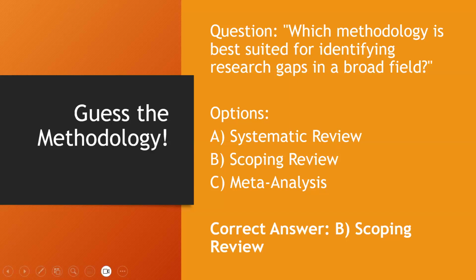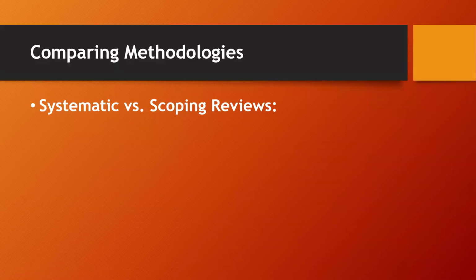So it is the scoping review. Many people were asking in the chat box, what is the systematic review and what is the scoping review? I will try to answer each and every question.